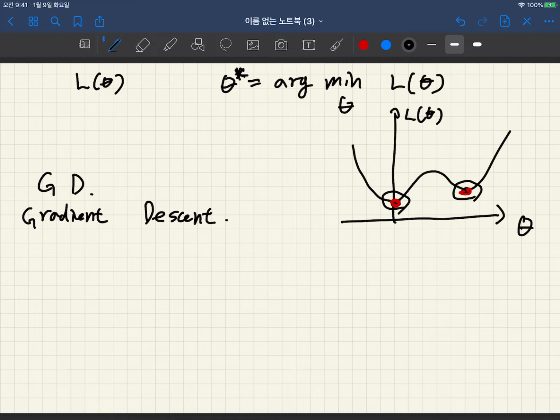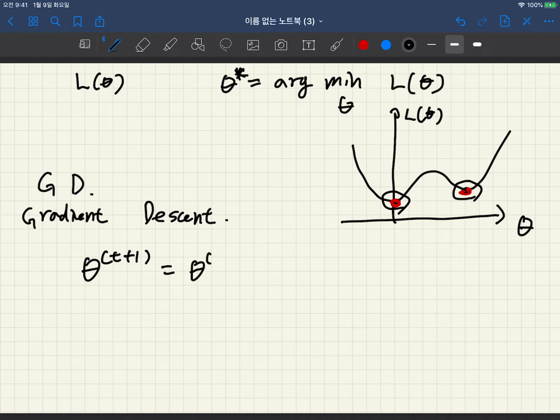The gradient descent approach is very simple. It iteratively updates your parameter value. Let's say theta t plus 1 denotes the parameter value at the t plus 1 iteration.